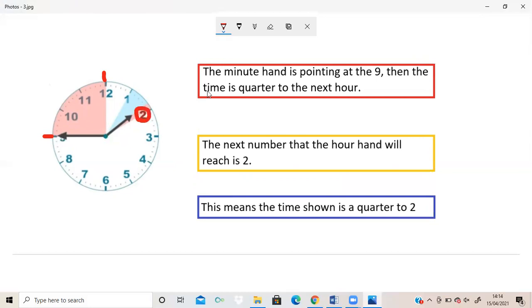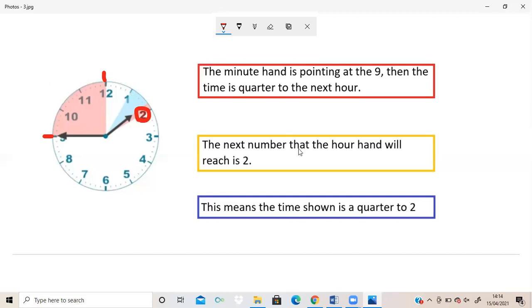You can see on the right hand side I wrote some notes to understand this clock time. The minute hand is pointing at 9. Then the time is quarter to the next hour. This is exceptional compared to before. You have to tell the hour as the next one, not the previous one.